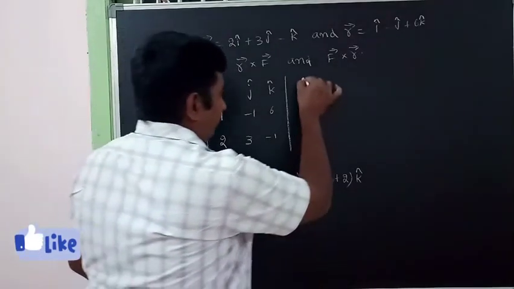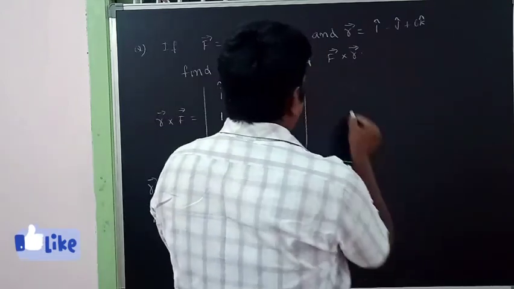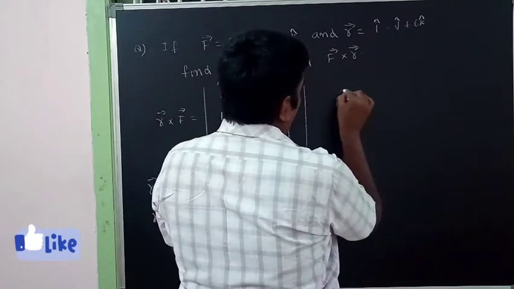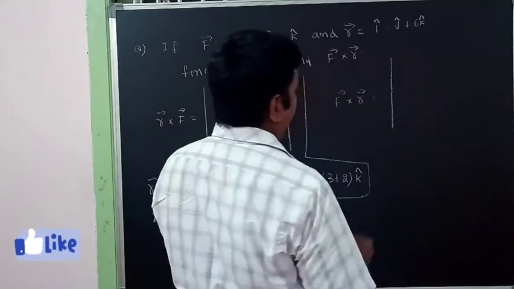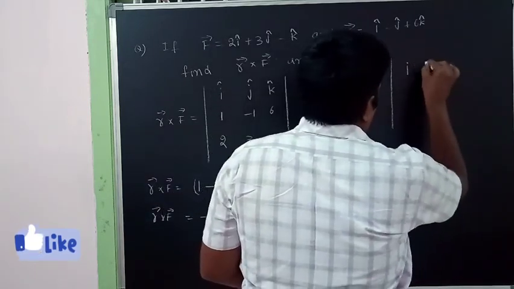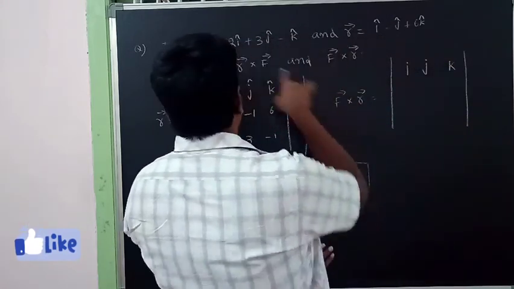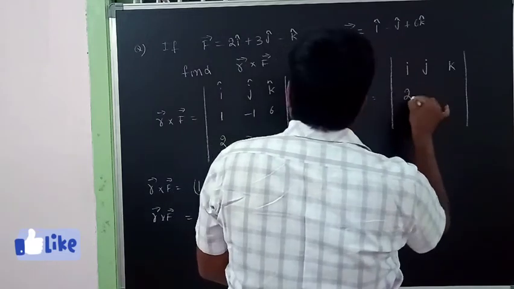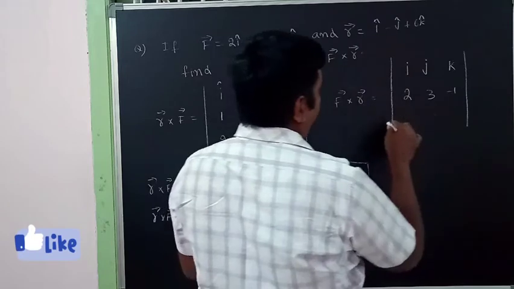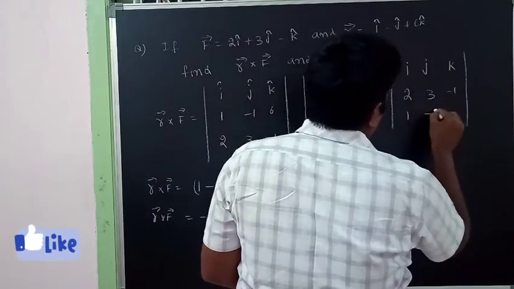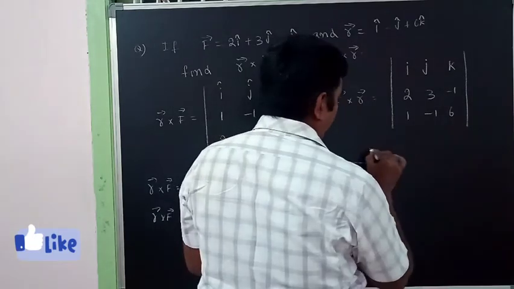The same one we can apply here: f vector cross r vector, i, j, k. For f vector first we take 2, 3, minus 1 and then r vector as 1, minus 1, plus 6. The same process we can follow.